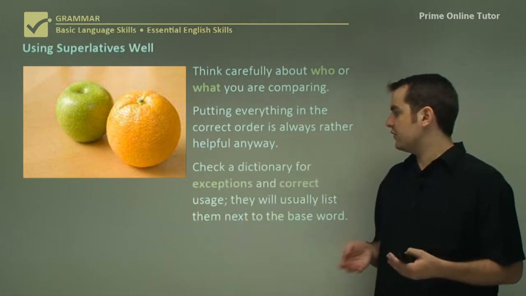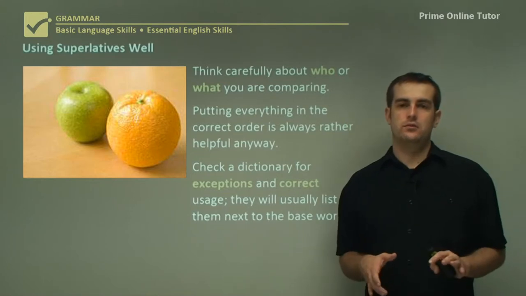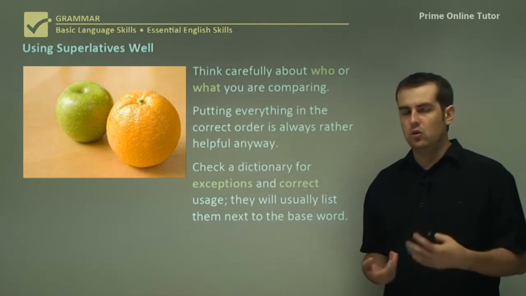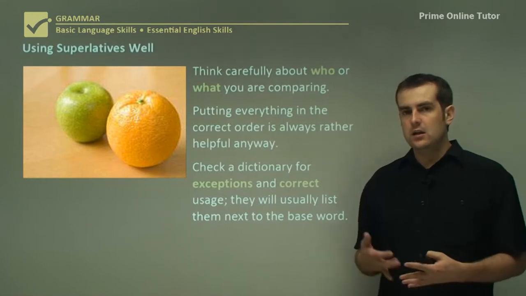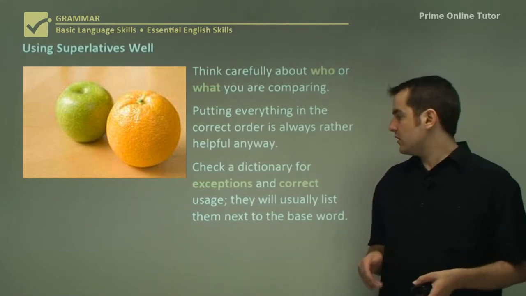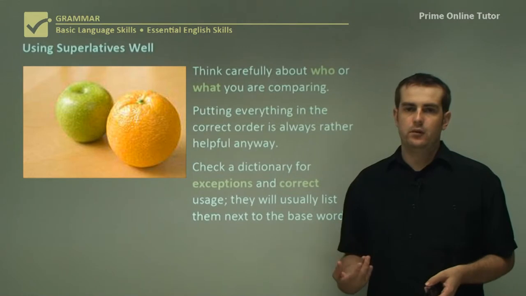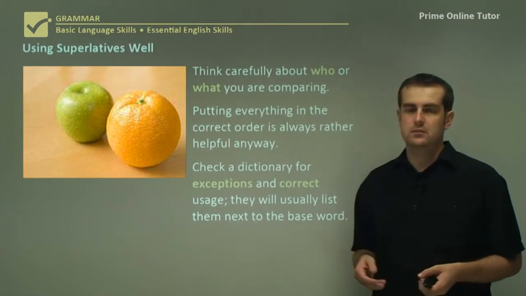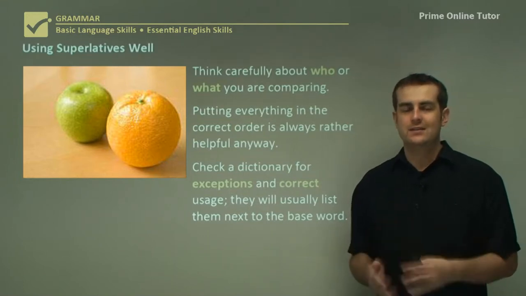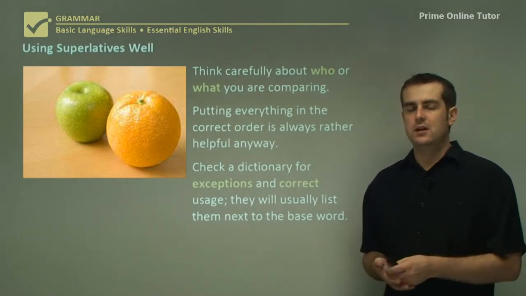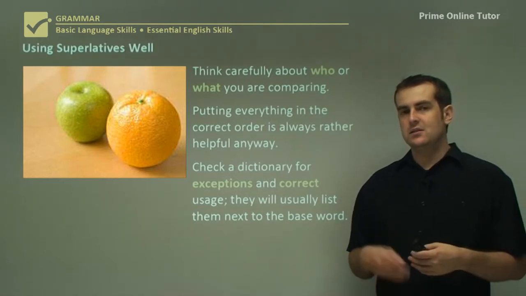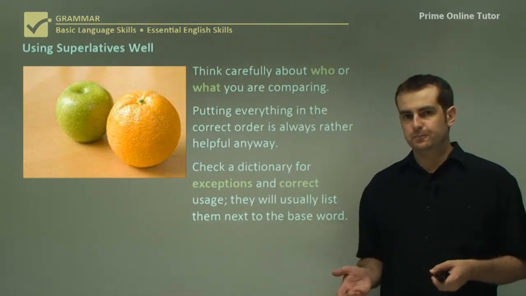You should check a dictionary for exceptions, because there are exceptions to these rules. There are times where superlatives are not used the same way every single time, so be very mindful of that and think of things like correct usage. Dictionaries usually list them next to the base word, so they are a fantastic guide for finding where a superlative is used differently from the common rule.